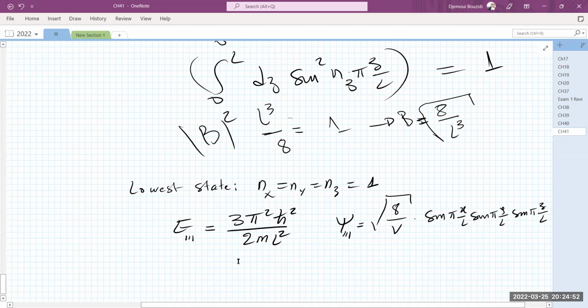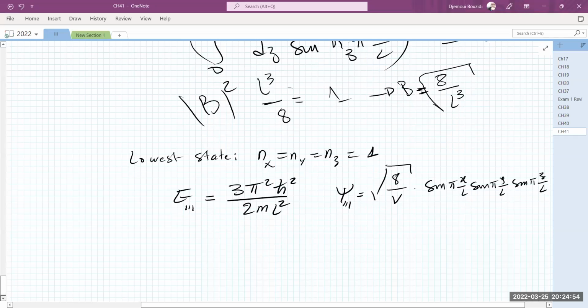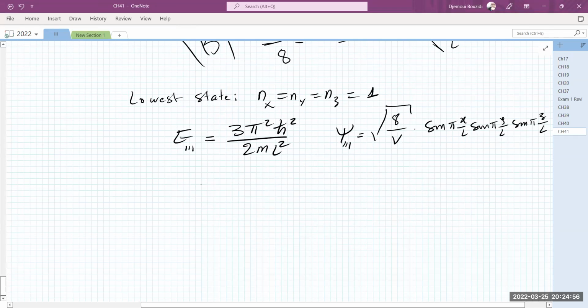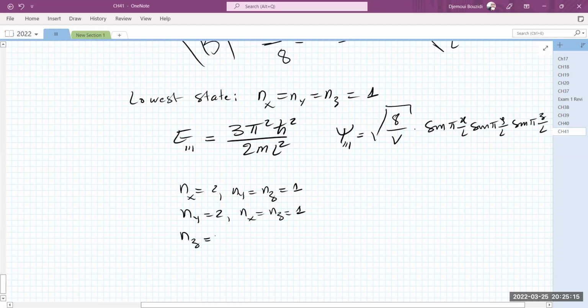Here is where it becomes important. Now, here is where it becomes kind of different. If I choose nx equals 2, but keep ny equals nz equals 1, or choose ny equal to 2, and nx equal to nz equal to 1, or choose nz equal to 2, and nx equal to ny equal to 1.